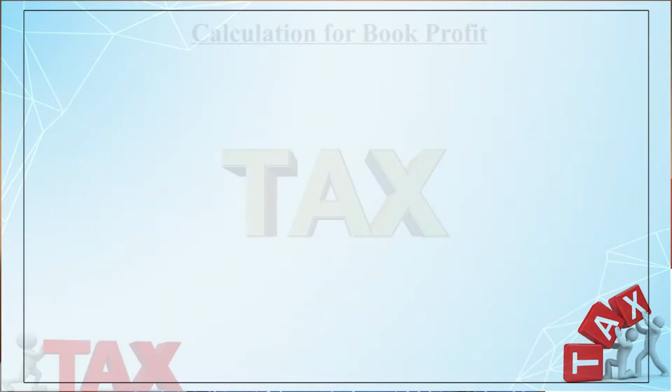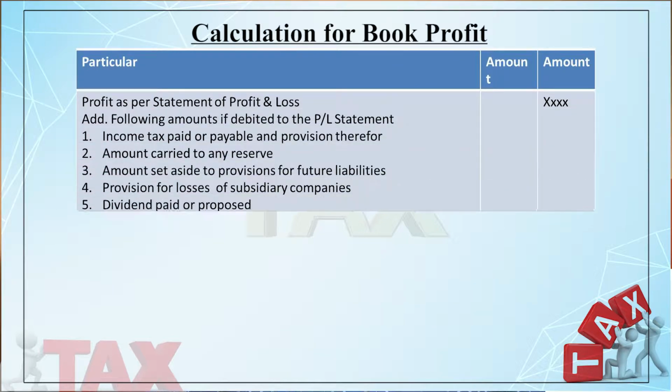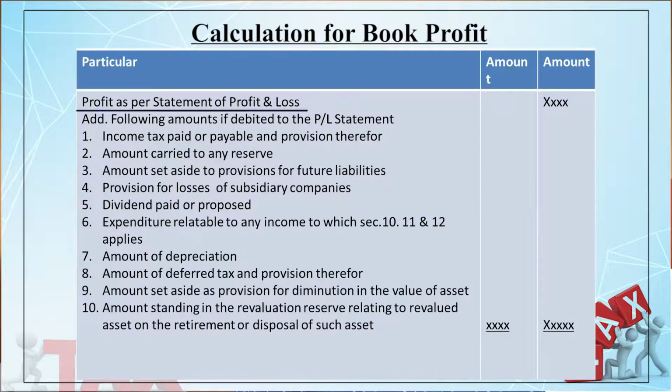Here, in the table, you can see the starting point is the profit as per statement of profit and loss. So, you have to consider the amount of profit which is shown in the statement of profit and loss.